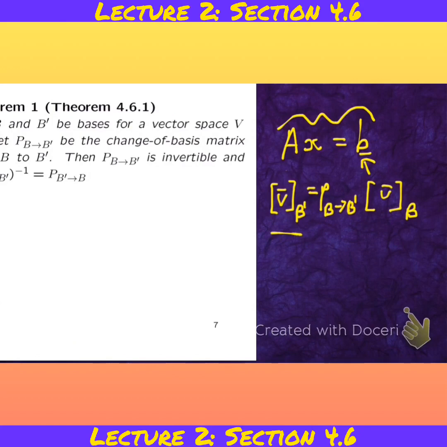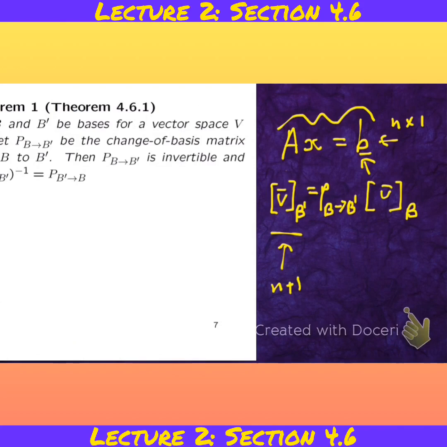Again, this is an n by 1, just like that vector there, and this one is also n by 1.